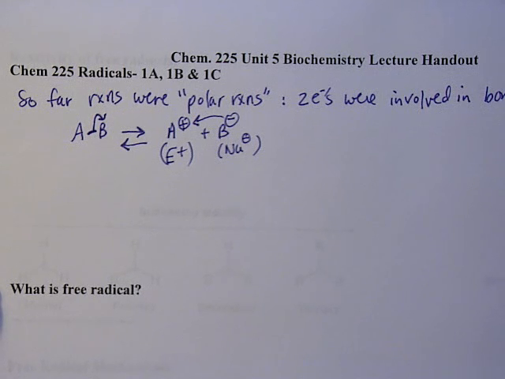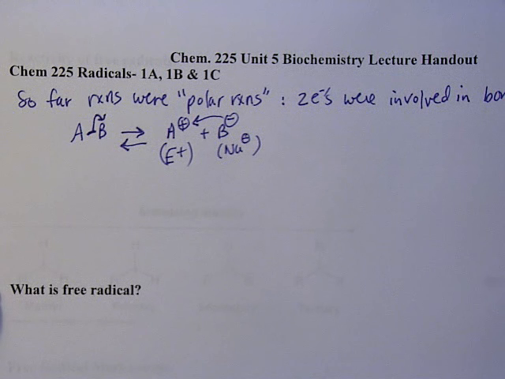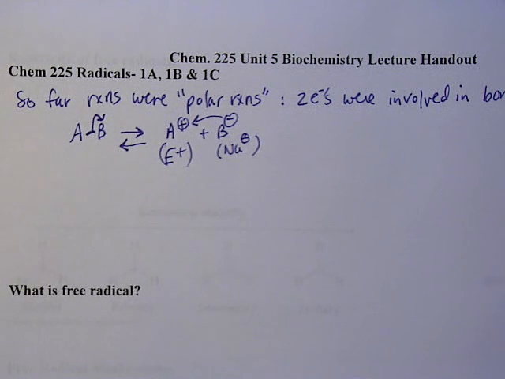So free radical reactions are a totally different type of reactions. In these reactions, bonds are formed or broken, but they're not polar species that come together or come apart, but the species that does this are free radicals.